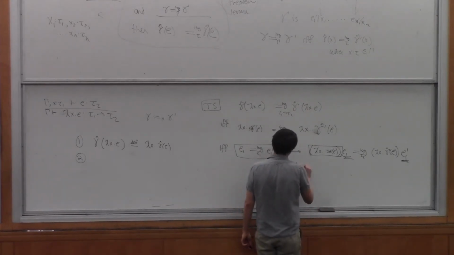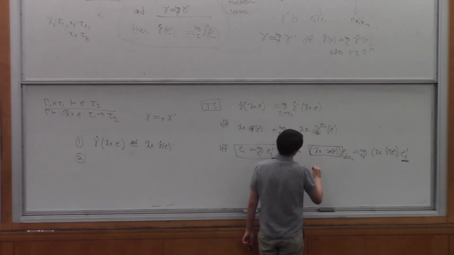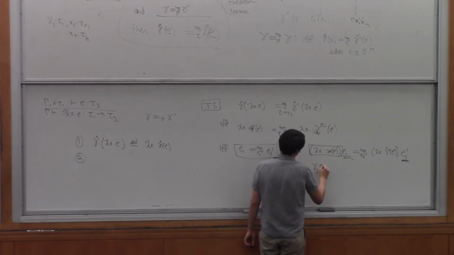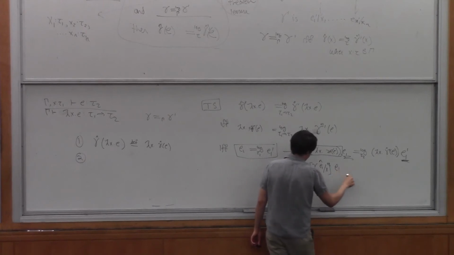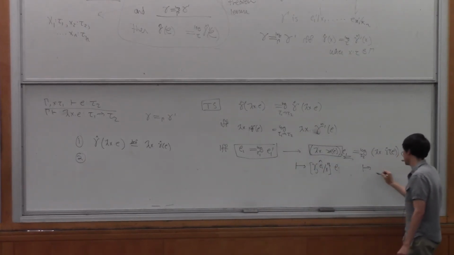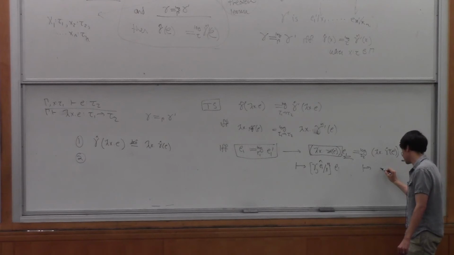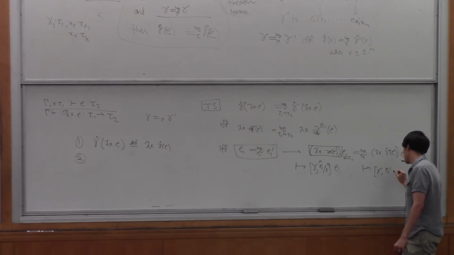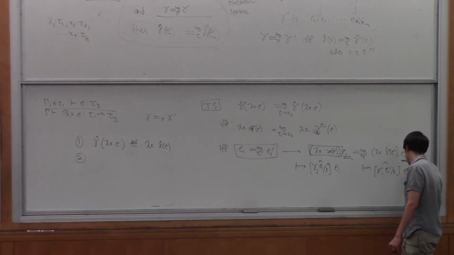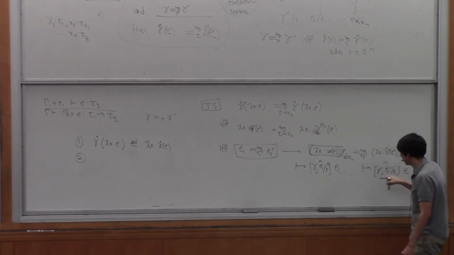So this will take a step in order to get to the substitution that plugs in gamma and E1 for x applied to E. And this side will take a step to the substitution that does gamma prime and E1 prime for x applied to E. Okay?